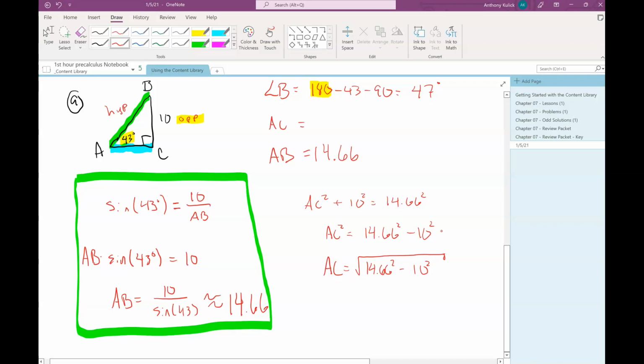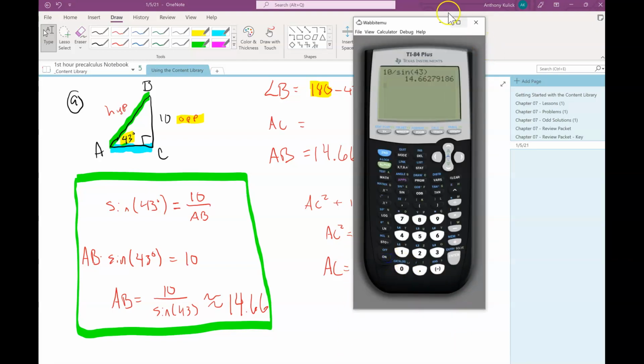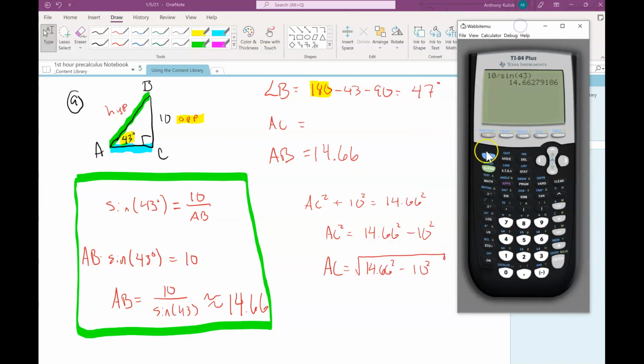Note that the square root of 14.66 squared minus 10 squared is not the square root of 14.66 minus 10. The square root doesn't distribute. Everybody's okay there? So this is what I'm going to type into my calculator.